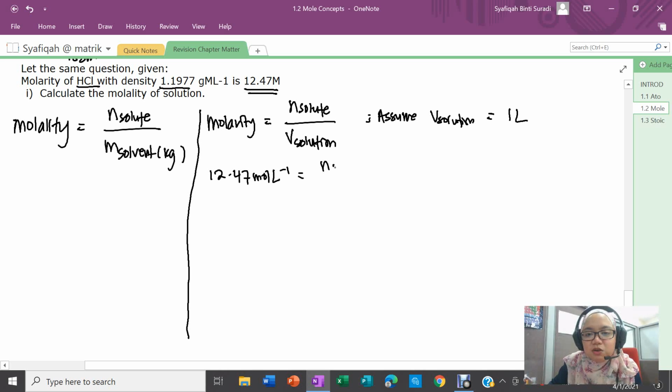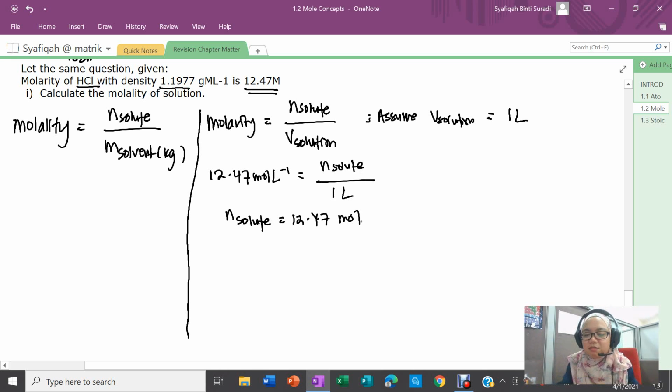Kita nak cari n solute kan? So, kita assume tadi volume solution kita 1 liter. So, divide dengan 1 liter. So, kita boleh dapat dah mole solute kita 12.47 mole. Betul tak? So, first part settle. Kita dapat dah mole solute.